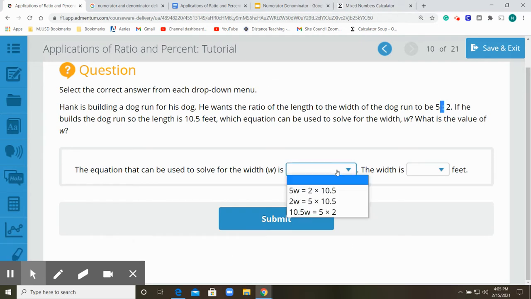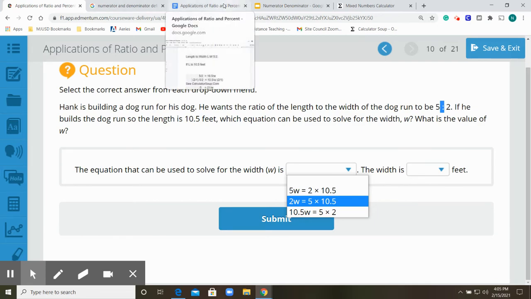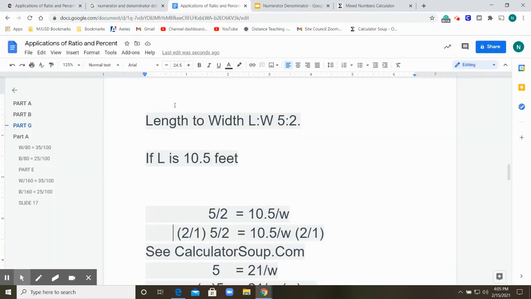Okay, so in order to solve this, you need scratch paper. You can't just pick one of these and move on. So what I did was I got a Google Doc and I'm using that so you can see my thought process. So the length to width ratio is L to W, 5 to 2. That's given information. If L is 10.5 feet and we follow this ratio, what is the width?